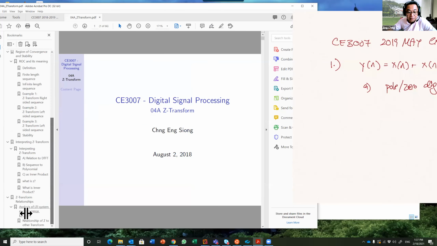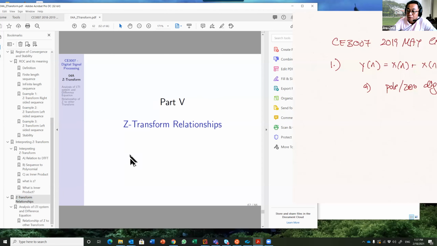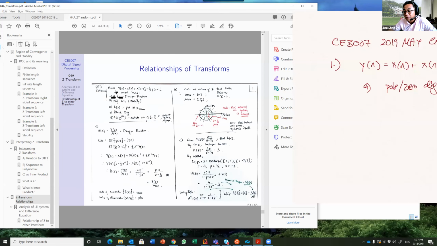In the second last page, you will realize that I have given a very, very similar question here. Now this question is simpler than the exam.